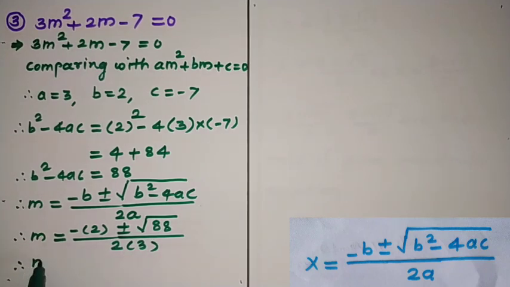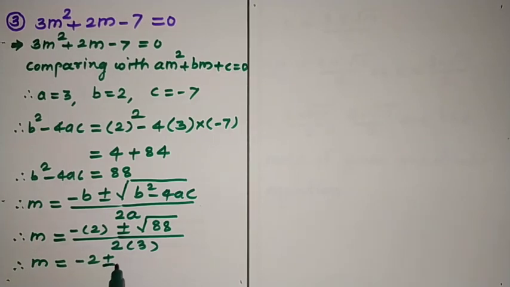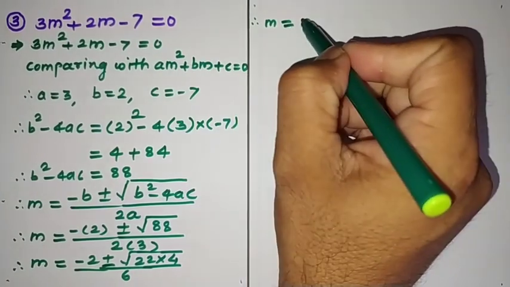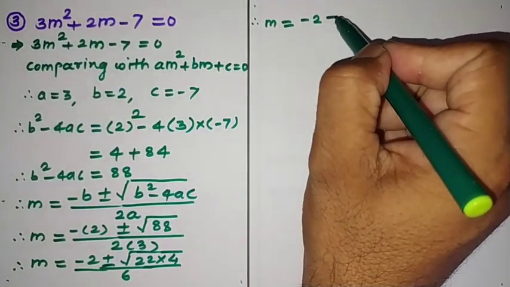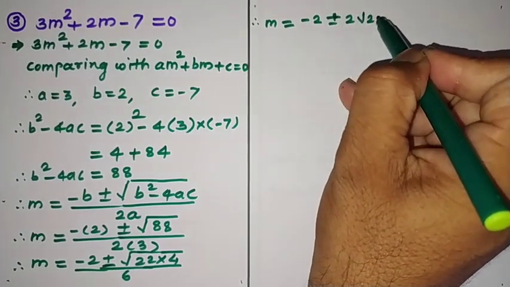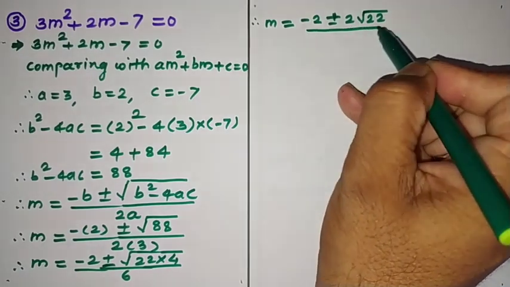Therefore m is equal to minus 2 plus minus, 22 into 4 is equal to 88, the square root of 4 is 2. 2 into 3 is equal to 6. Therefore m is equal to minus 2 plus minus 2 into root 22 upon 6.